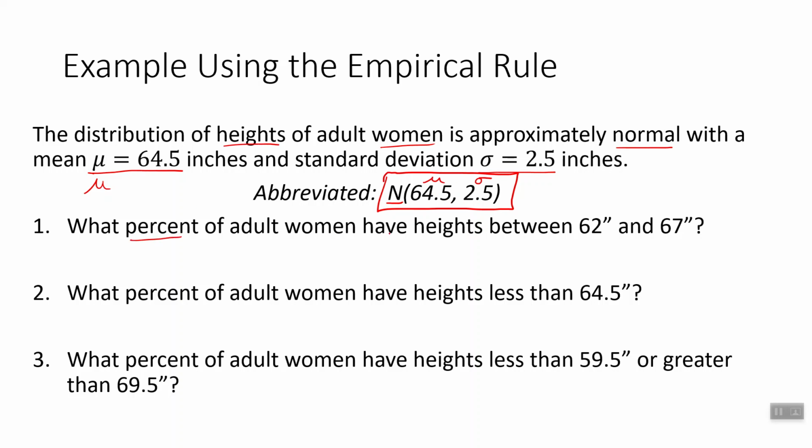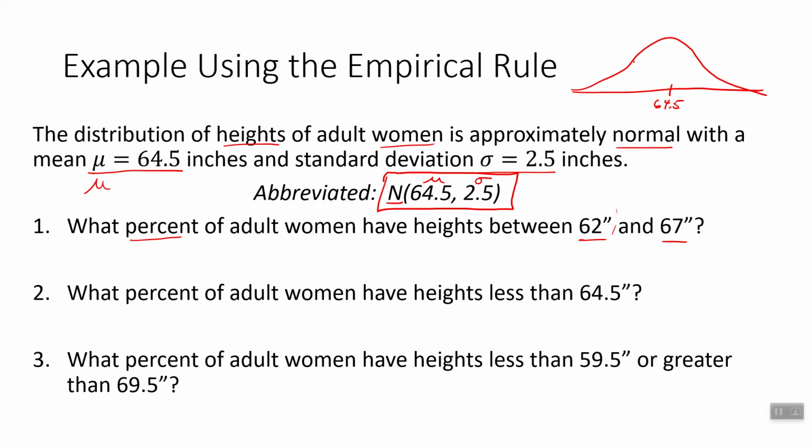What percent of adult women have heights between 62 and 67 inches? Well, where's 62 and where's 67? There are a couple of different ways we could do this, but if we just take our normal curve and put 64.5 in the middle, and the standard deviation is 2.5.